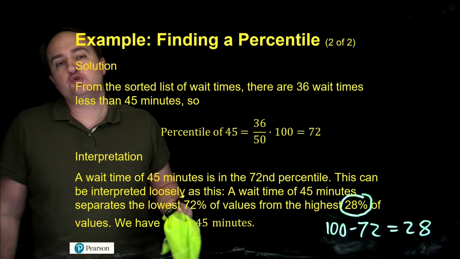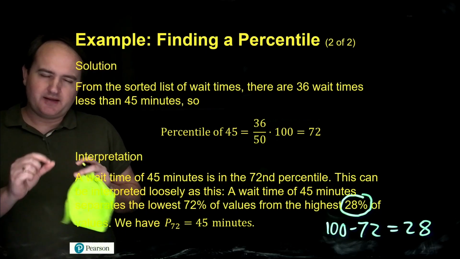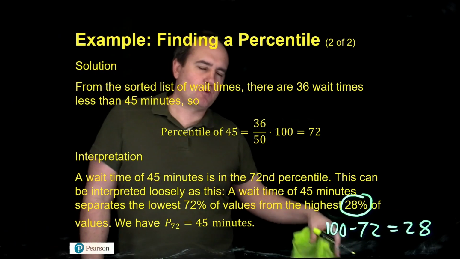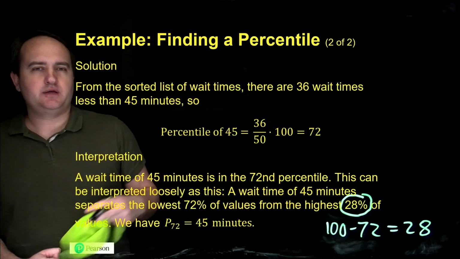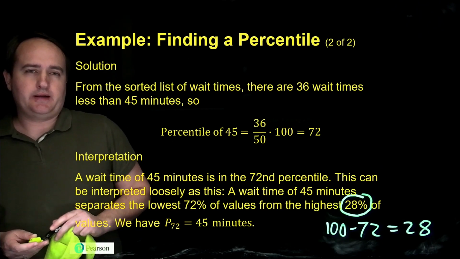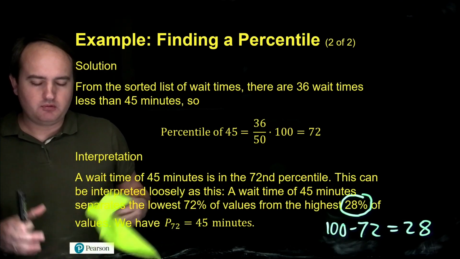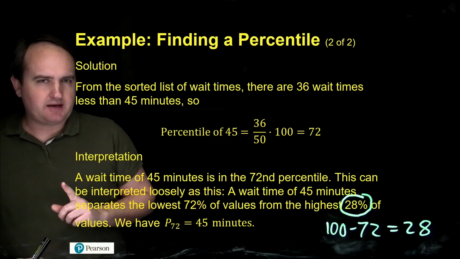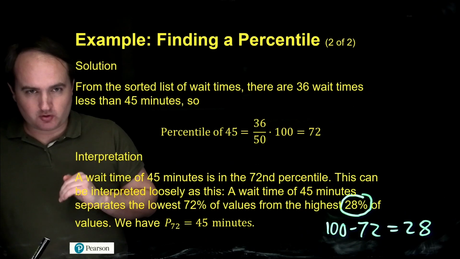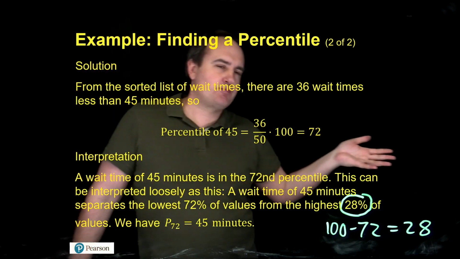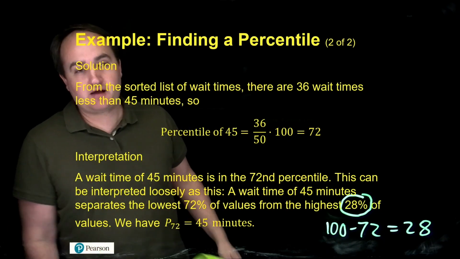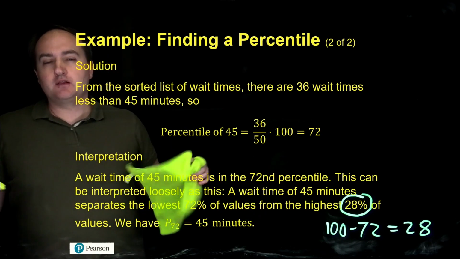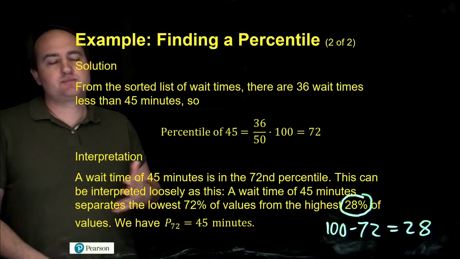They say loosely because it's not exactly 72% that are below and exactly 28% that are equal to or above. But it's still helpful, right? Because what would it mean if you were in the first percentile? That would mean that your wait time was incredibly short. Whereas if you were in the 99th percentile, you would have the longest or one of the longest wait times out of all the data values.